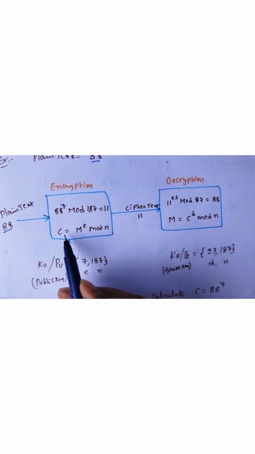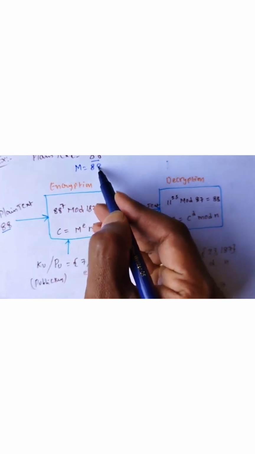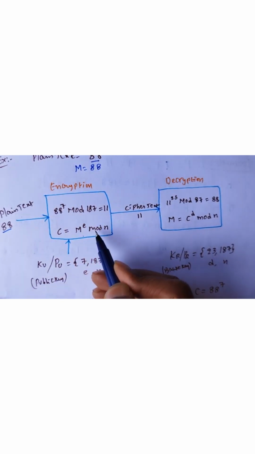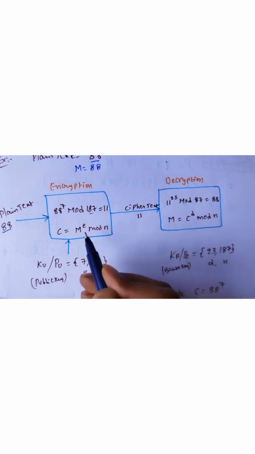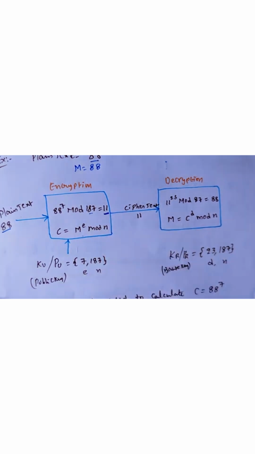What is the m value here? M value is plain text, which is 88, e value is 7, and n value is 187. This is the formula we are implementing. If you calculate 88 power 7 mod 187, the result is 11.